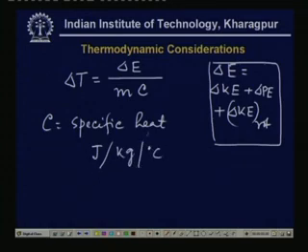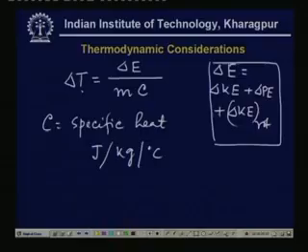Now, this is the temperature rise. The temperature becomes larger if delta E is positive, and that normally occurs during the braking operations. We have a large heat input, so therefore the temperature will rise.